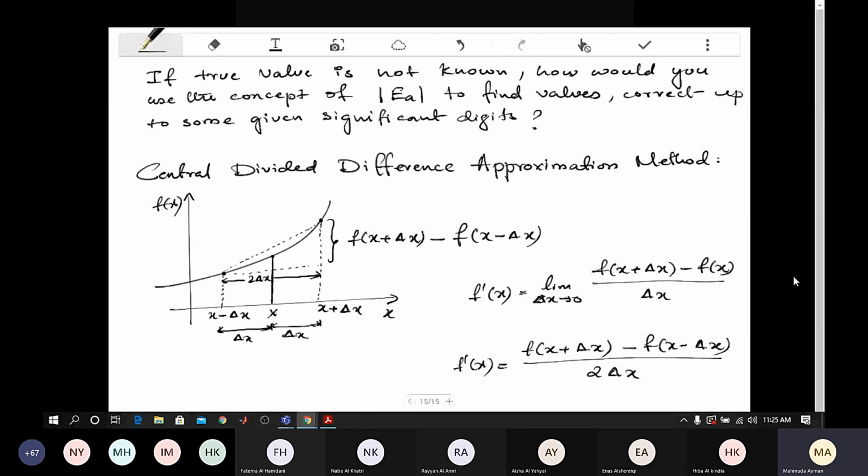So we have used this definition only, but then we have found out our rise and run, and we have replaced the rise and run of the definition using ours, and then we have also omitted the limit from delta x approaching 0, and then we have made the delta x finite. So we have used the definition to arrive at our formula for the central divided difference. I hope that's clear now.